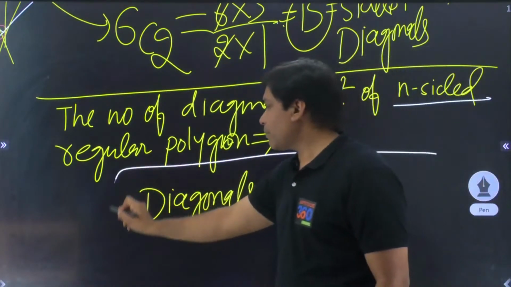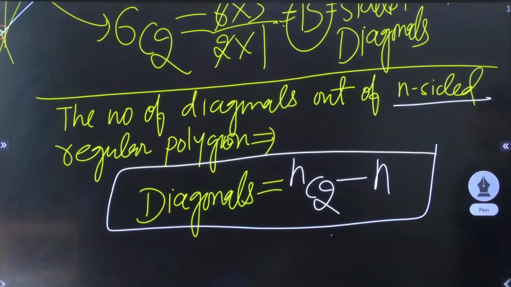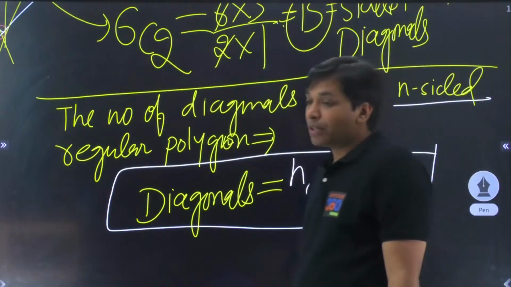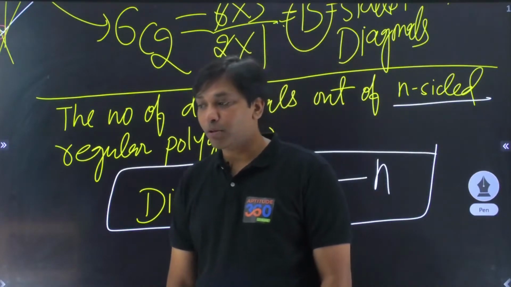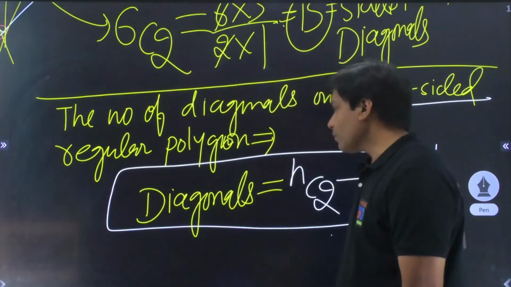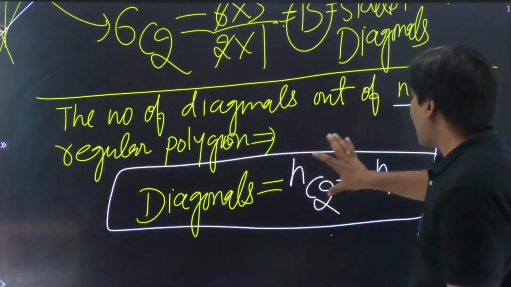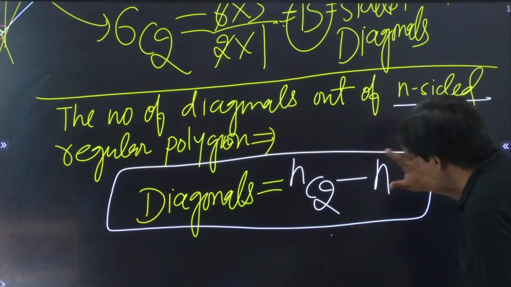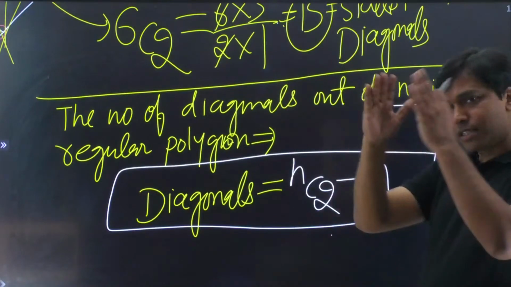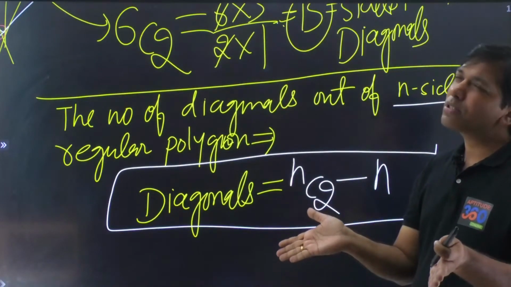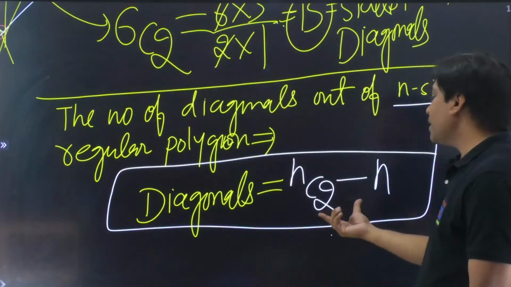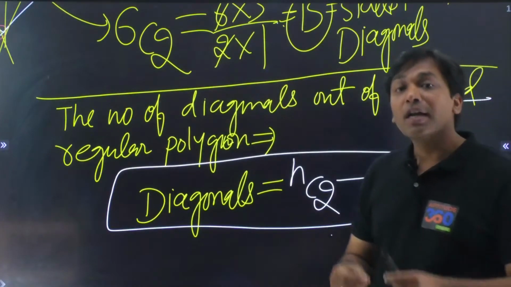So this is going to be the formula for the number of diagonals. I hope you're understanding what I'm talking about. nc2 minus n. Why nc2 minus n? Probably you understand. This is the total number of straight lines. Out of the total number of straight lines, you subtract the number of sides, and hence you will have the total number of diagonals.